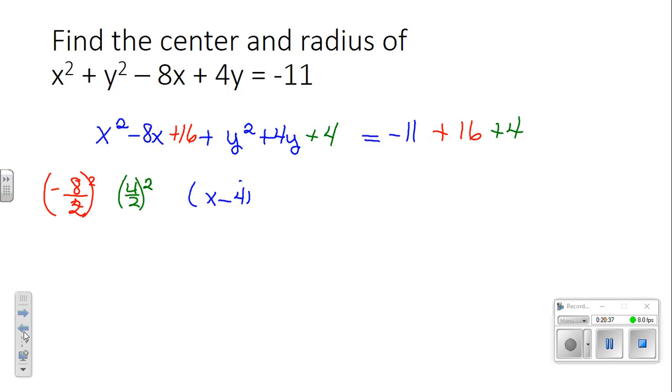Good. So what's the center? Positive 4, -2. And the radius is 3, right?